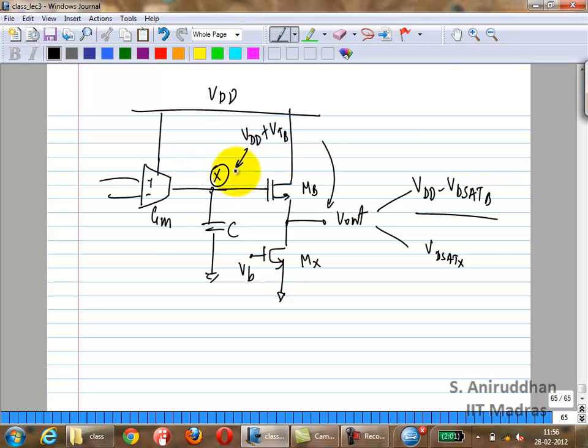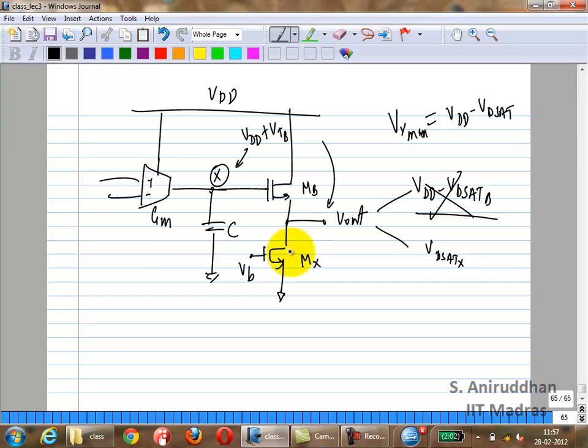So what is actually the highest X can go is probably VDD minus some VD sat. Okay, if you assume it's a single stage op amp, it's probably something like VDD minus VD sat. Okay, in which case this is wrong. So it will be VDD minus VD sat minus VGSB, which is going to be quite low actually.